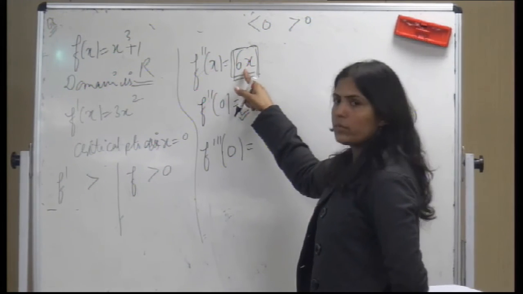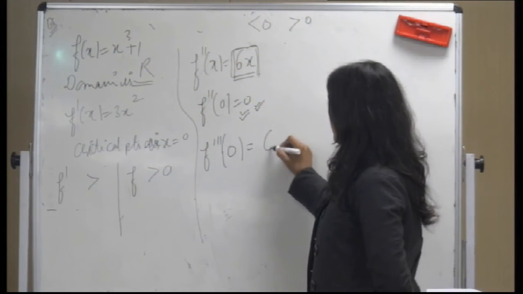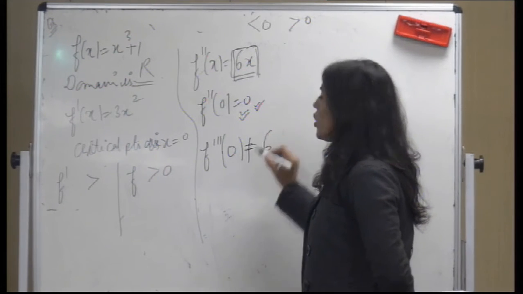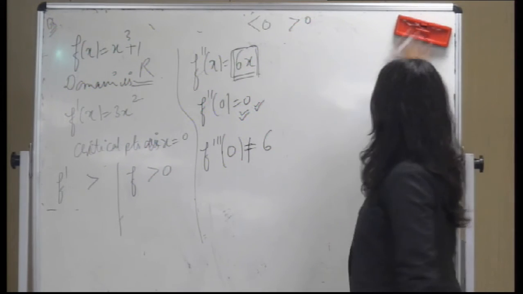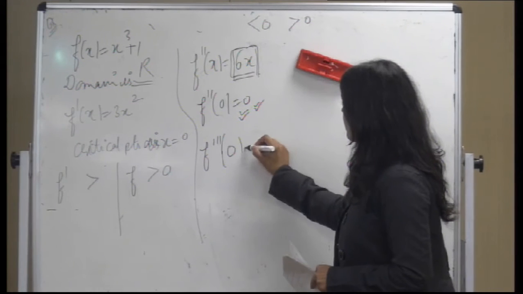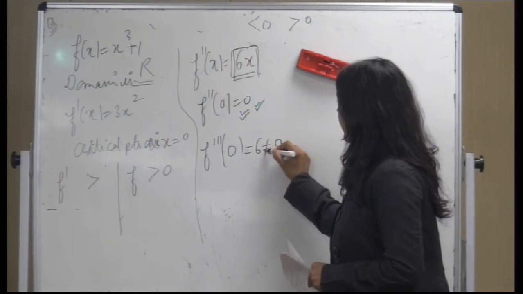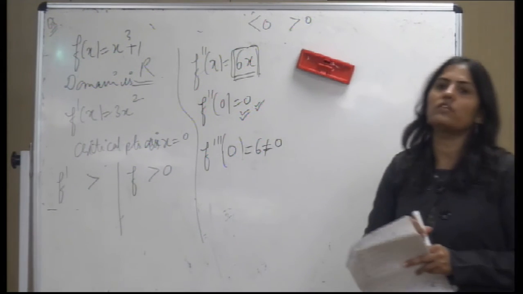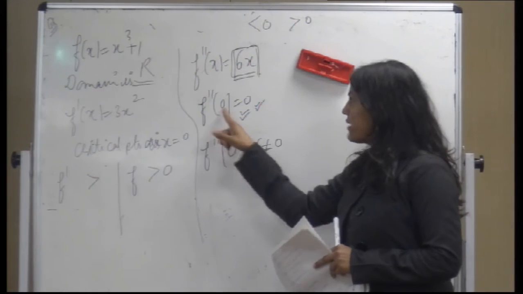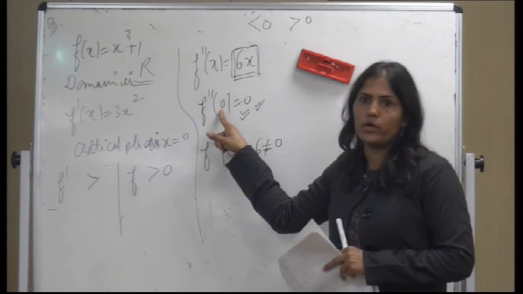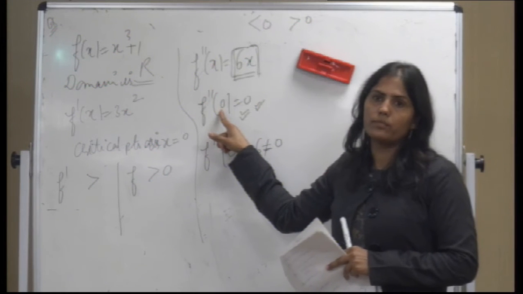The third derivative will be 6, which is non-zero. It means if such a situation occurs, x equal to 0 is neither the point of maxima nor the point of minima.